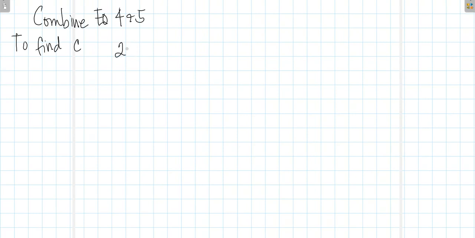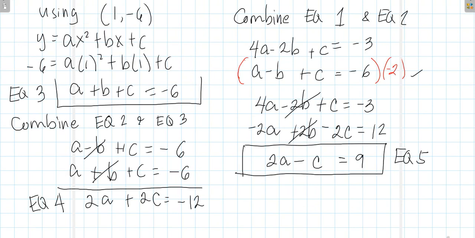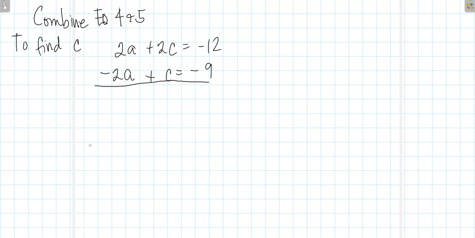Equation 4 is 2a + 2c = -12, and equation 5 is -2a + c = -9. So we combine: 2a minus 2a is equal to 0. 2c plus 1c is equal to 3c, equal to -21.